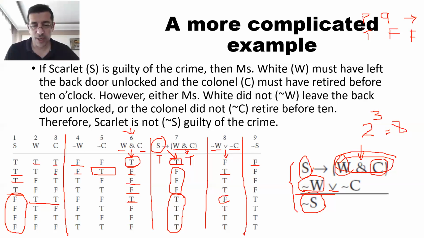F, when is it F? Definitely both of them should be false for this to be false. So let's just do it. Let's look at not W here, it is false. You see that? And not C is also false. So that's okay.